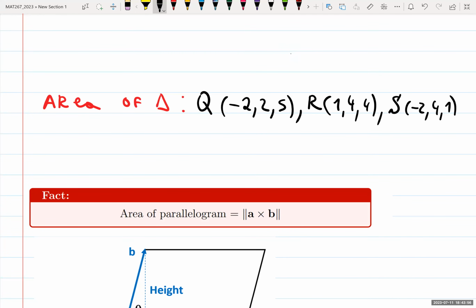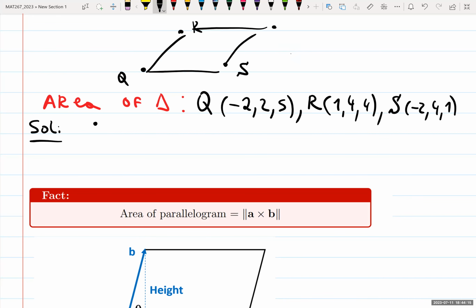let's just solve it. Solution. You imagine 3 points. Here they are: Q, R, S. If you have more points that create a parallelogram, then you choose any 3.